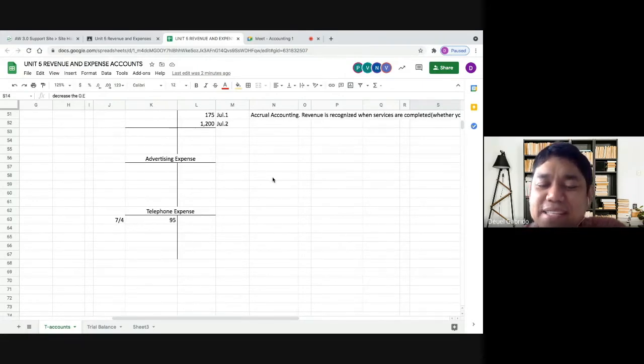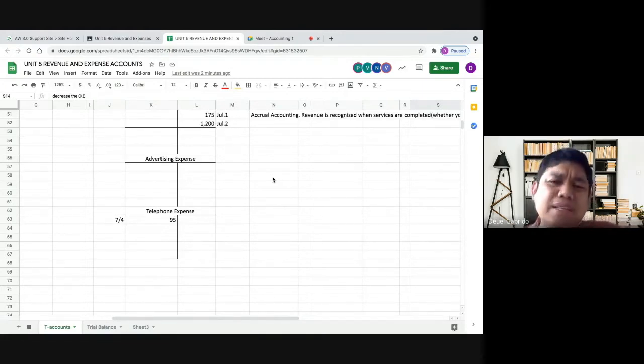But the scenario is like this. How can we know, sir, that it's a withdrawal or a drawing rather than an expense? Normally, guys, when it's an expense, they will try to specify. Let's say the business paid for the advertisement amounting to $500. We know that is an advertising expense, a business-related expense.